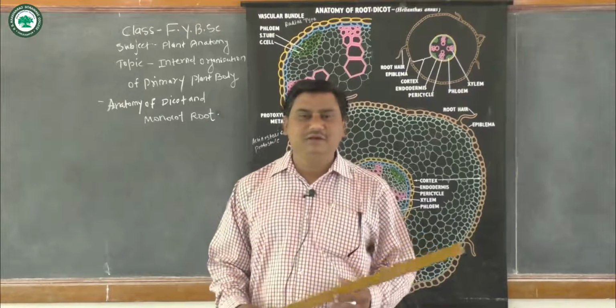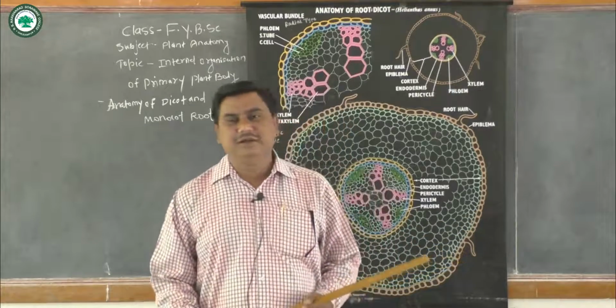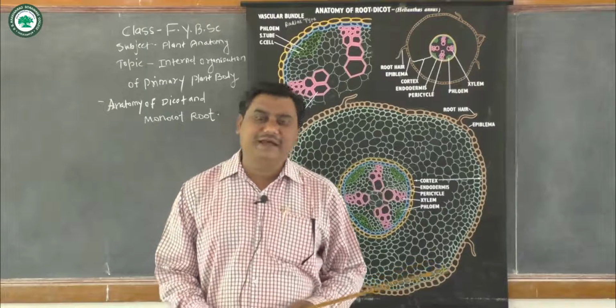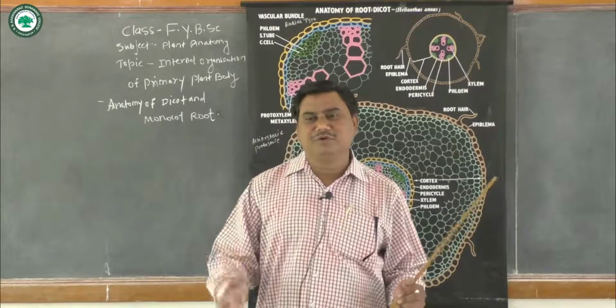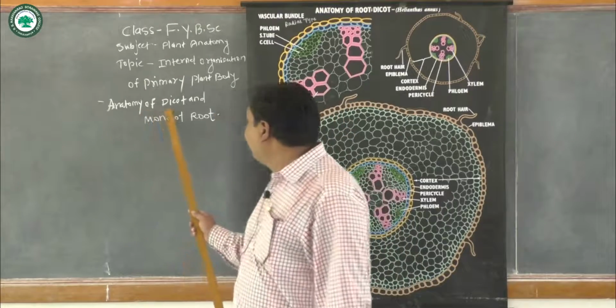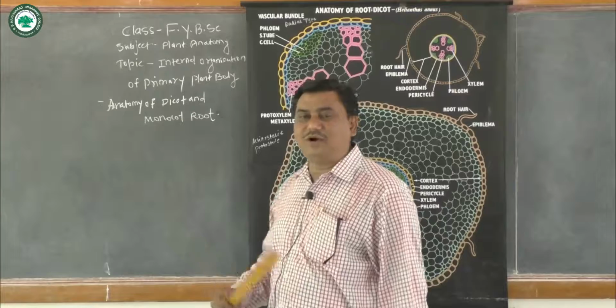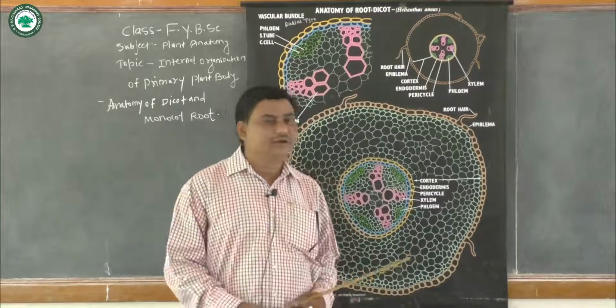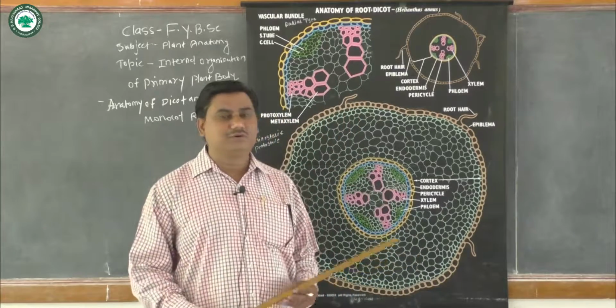The primary plant body is made up of the root, stem, and leaf, in both the dicot as well as the monocot. Today we are going to focus on the anatomy of the dicot and monocot roots.